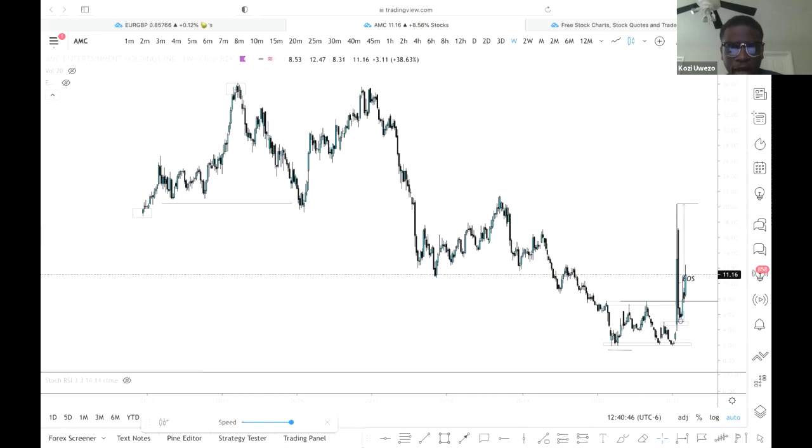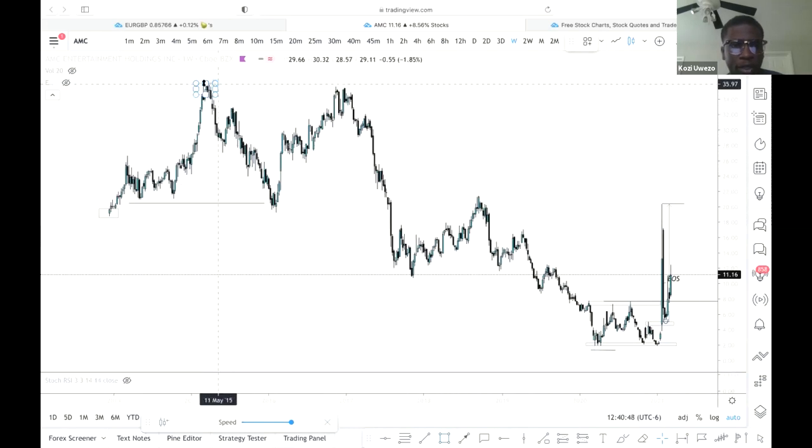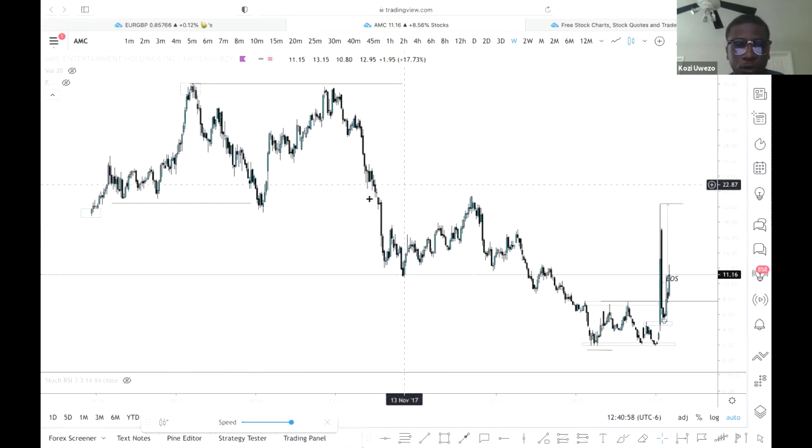So from here, this is what happened. We had this high right here that price failed to make a whole new high, right? So price failed to make a new high, and we started retracing. So from this point right here, we're basically still in an uptrend, right? But until we broke this right here, because we already know that price goes to make a new high. So we broke it right here, right?